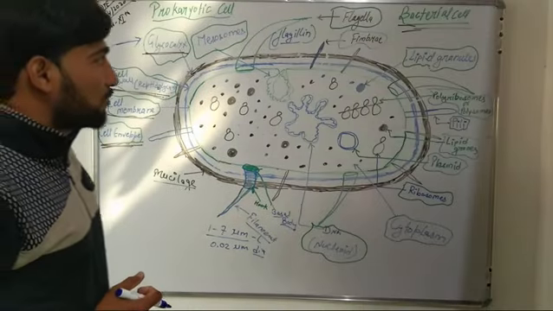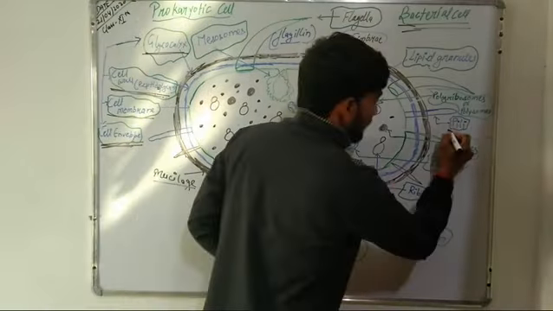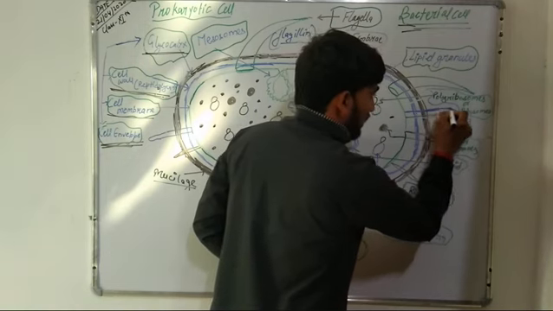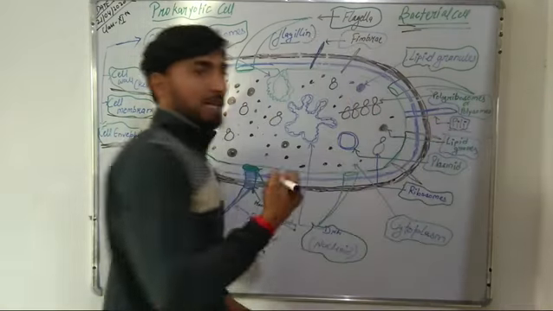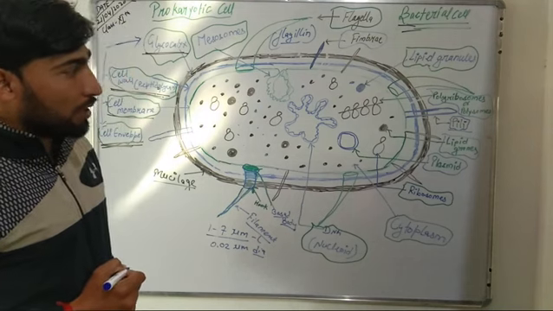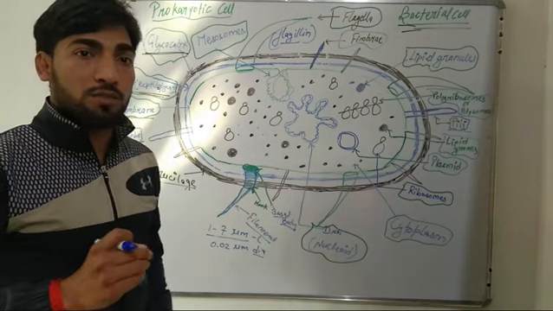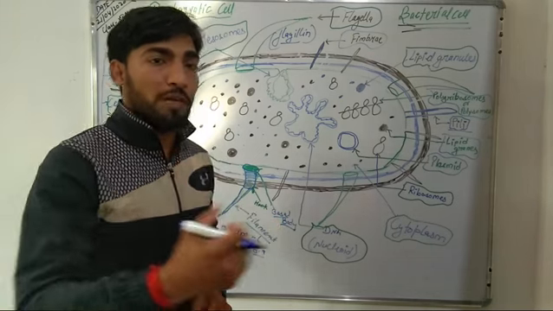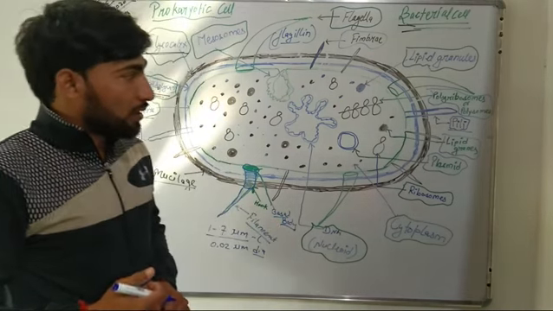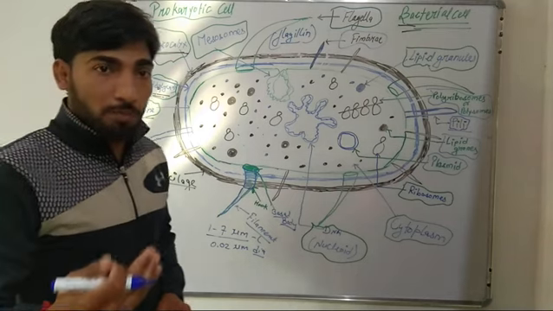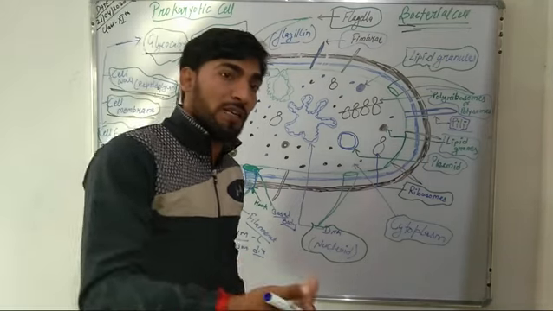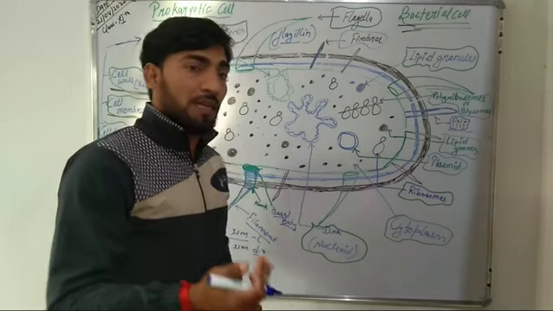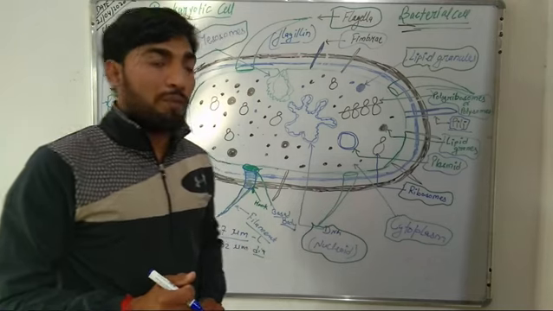Next modification of cell envelope is pili, and these pili are larger than the fimbriae. They are also tube-like or tubular structures, but they do not help in locomotion or movement of bacteria. But these pili develop in response to fertility factor, that is F factor, in case of gram-negative bacteria.